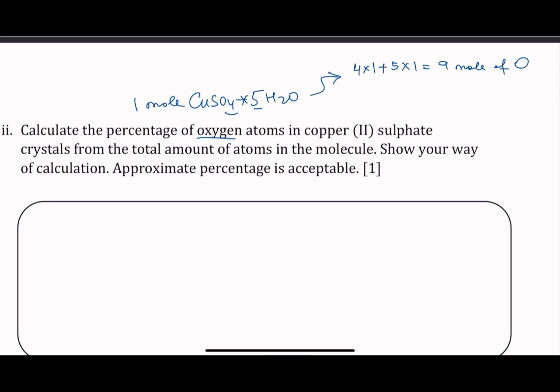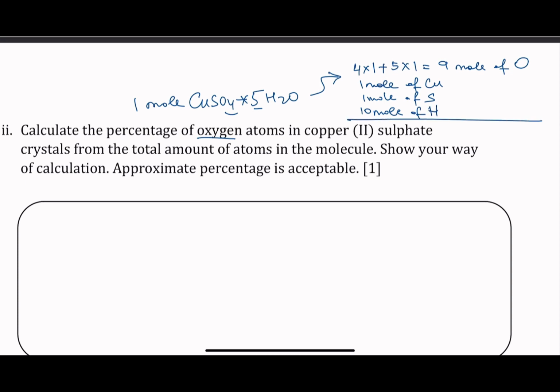Oxygen. And then let's check out the total number of atoms. So you've got here 1 mole of copper, and then 1 mole of sulfur, and then you got 10 mole of hydrogen.